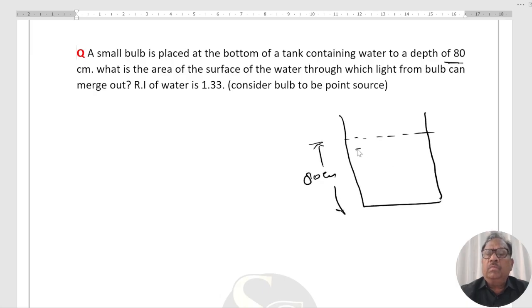This is the water, 80 centimeter deep. Now, the ball is placed here at O, a point source. You have to find the area of the surface of water through which light from the ball can emerge out.